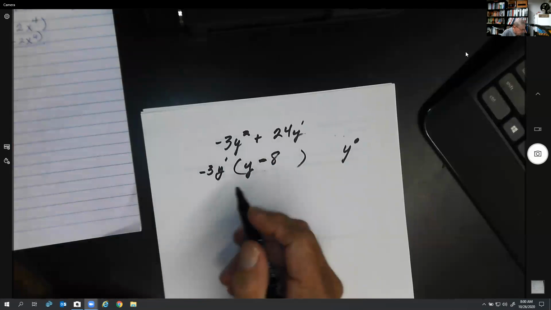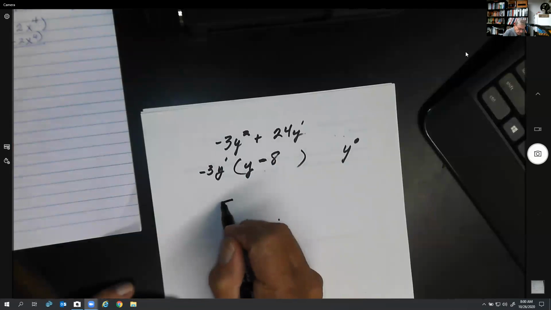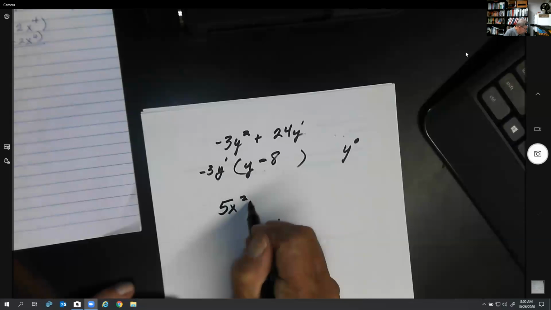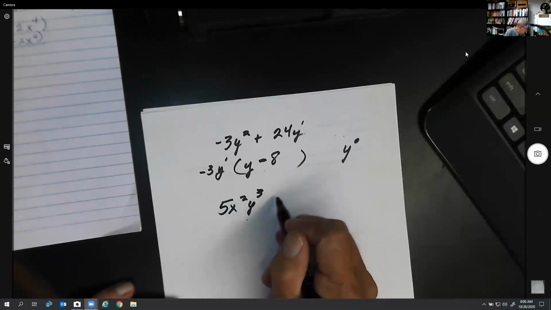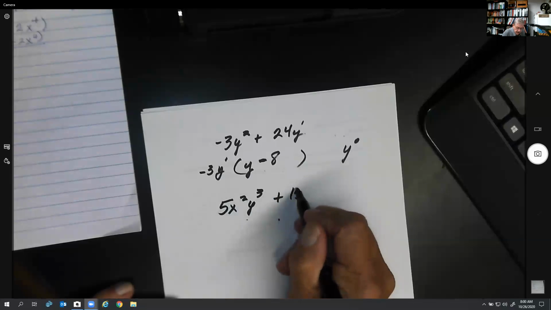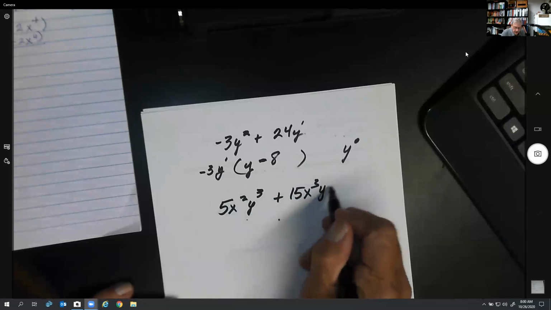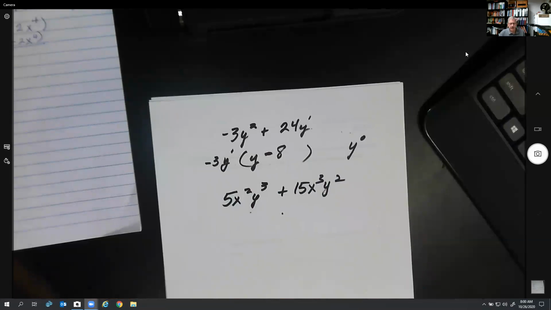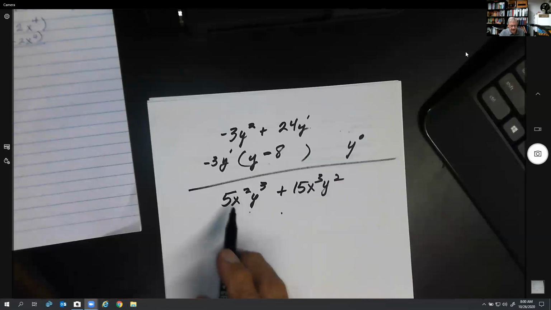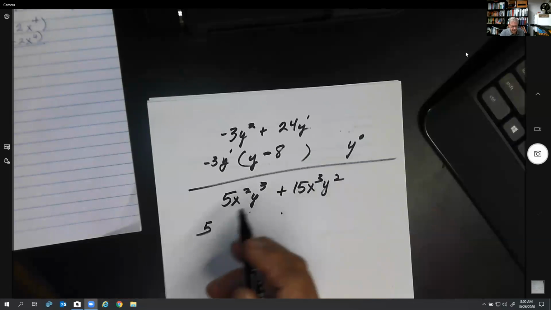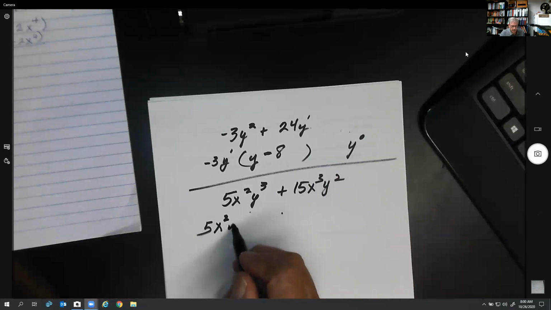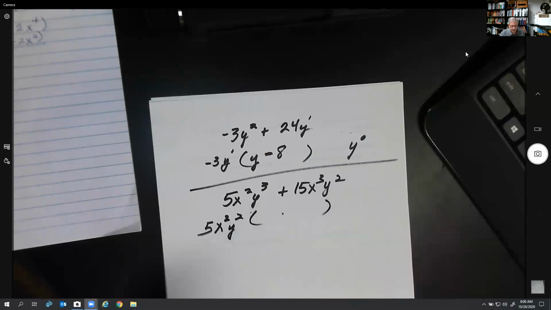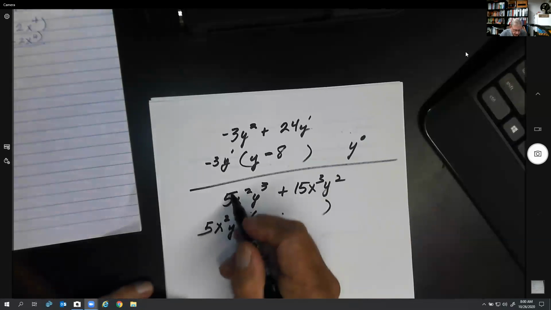Let's try this one: 15x cubed y squared. Problems like this come up quite often. Going to take out a 5, common to both terms. You can see smallest x, x squared. Smallest power of y, y squared. So that's my common factor. 5 and the 5 goes one time.